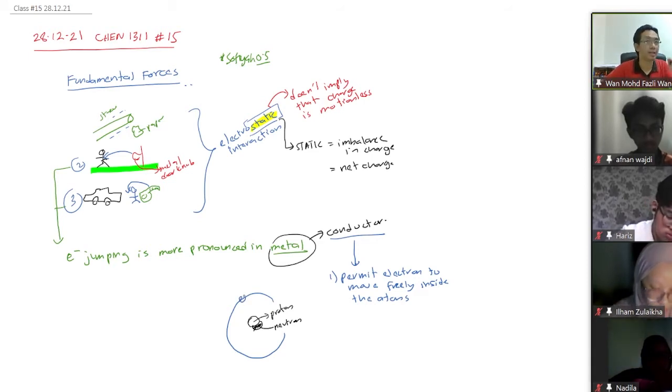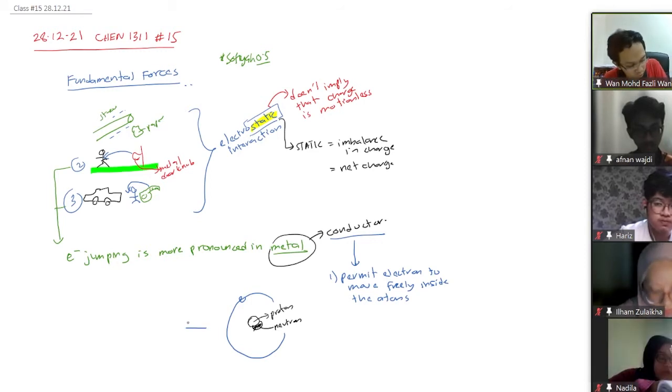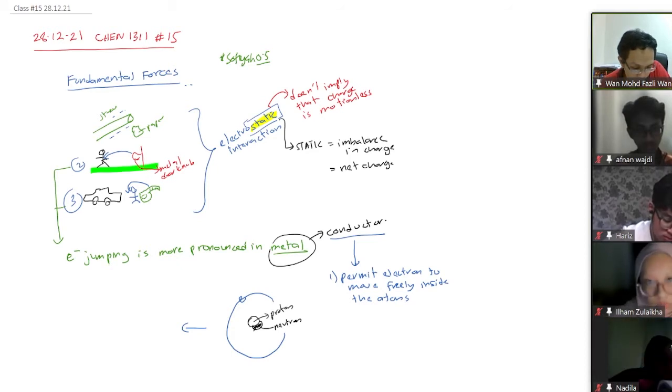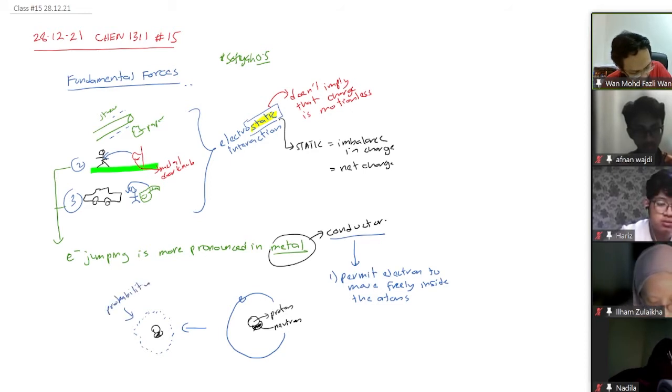But in reality, the electron doesn't move in orbit. You cannot even see where the electron is. It is much more accurate to draw something like this, like a probability cloud.